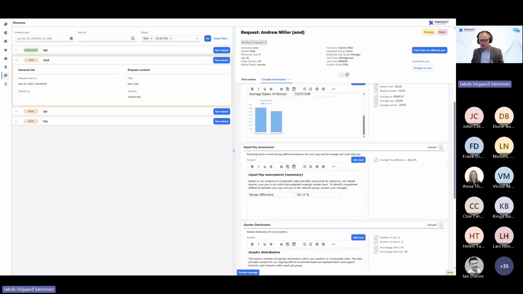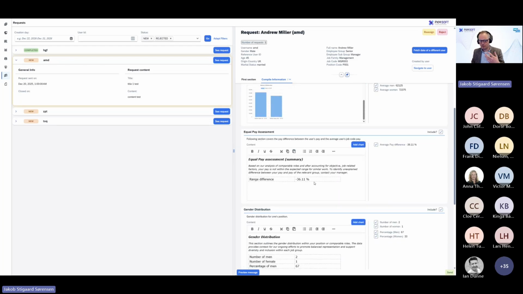What we also do, and this is where you turbocharge your way of working with these requests, is the system provides an assessment. So what we put in is business rules based on thresholds, saying what's the scenario for this given employee.